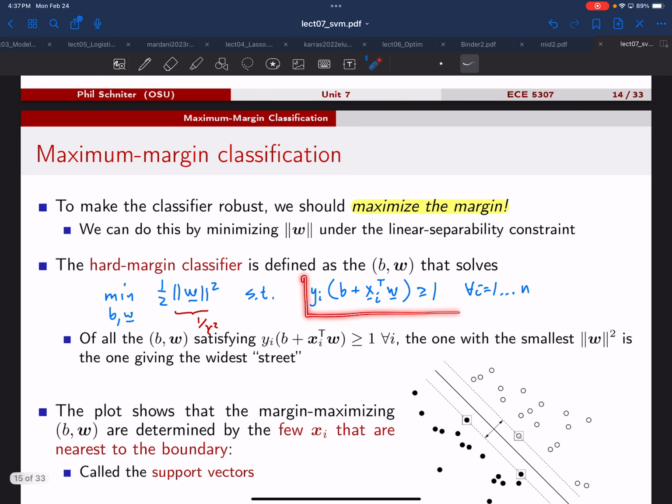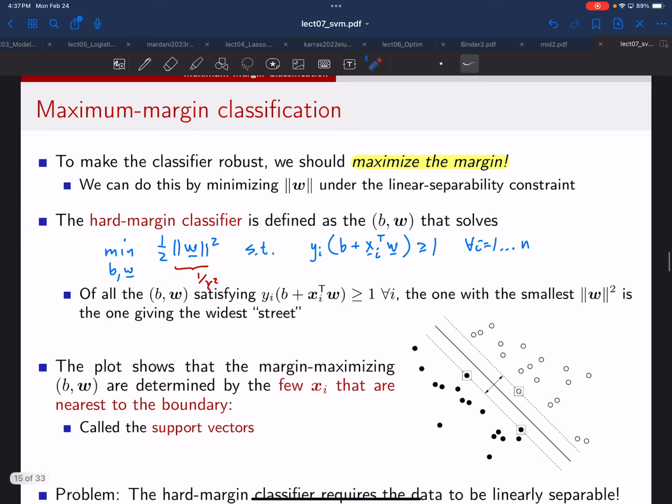So when we have this happening, then this whole margin thing makes sense. Then we really are minimizing the gap between the two classes of data. Okay, so this thing is going to be called the hard margin classifier.